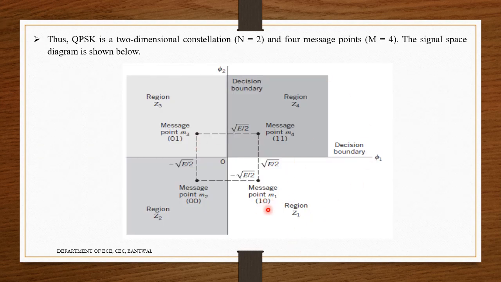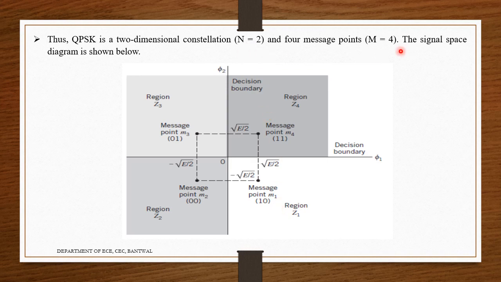First it was 1 0, 0 0, 0 1, 1 1. When you are representing in Gray code, first it will come 0 0, 0 1, 1 1, then 1 0. So this is the reason it has been started from here.